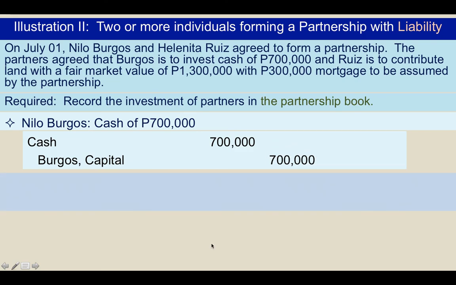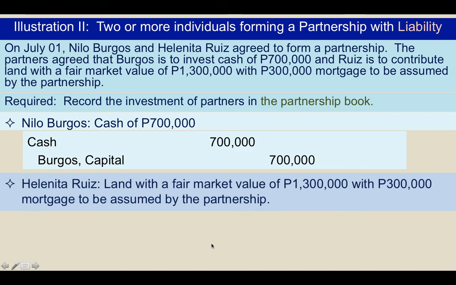Okay? For Helenita Ruiz, she will invest land with a fair market value of 1,300,000 with 300,000 mortgage to be assumed by the partnership, meaning that the obligation of Helenita Ruiz will be assumed now by the partnership because the land is invested in the partnership.